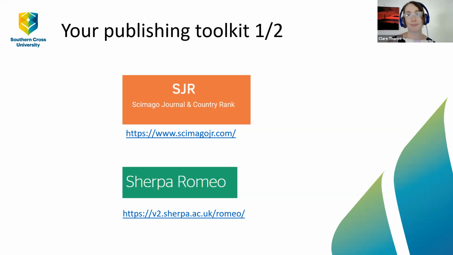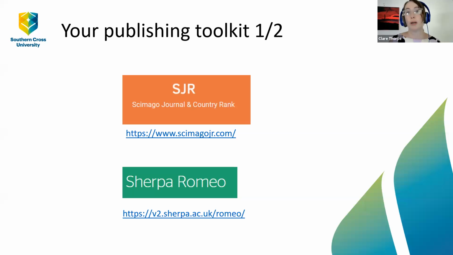So the first tool there, Scimago, is incredibly useful when you're looking to find a useful journal for you to publish in. So this is particularly useful in finding the Scimago journal rankings, which is a way of understanding the impact and reach of particular journals based on citations from the last 2 and 5 years. So it's very much a bibliometrics tool. Scimago ranks journals into 4 quartiles. So you'll hear talk about being in Q1 journals.